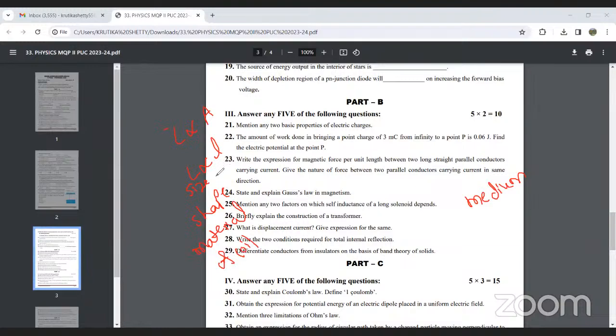So that is area, length, size, shape, material of the coil, medium. These are the factors which affect the self-inductance.